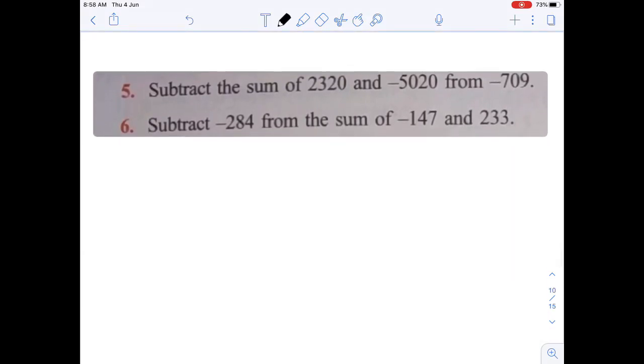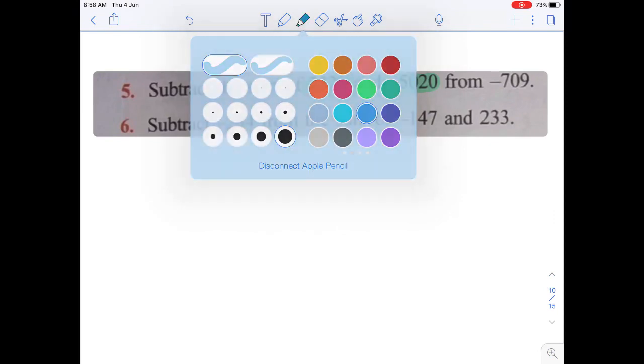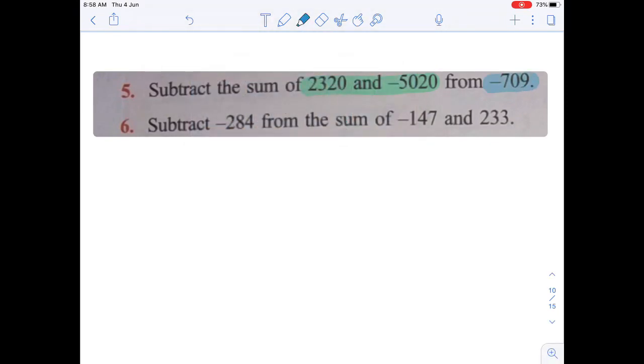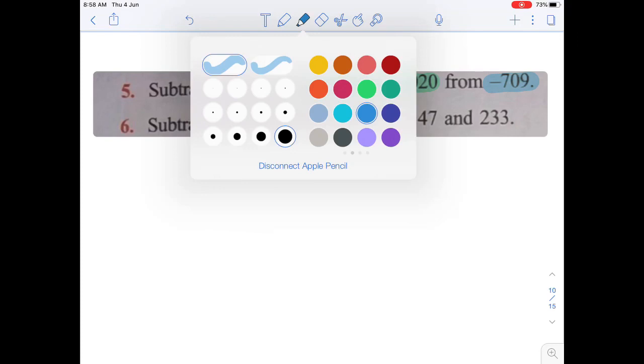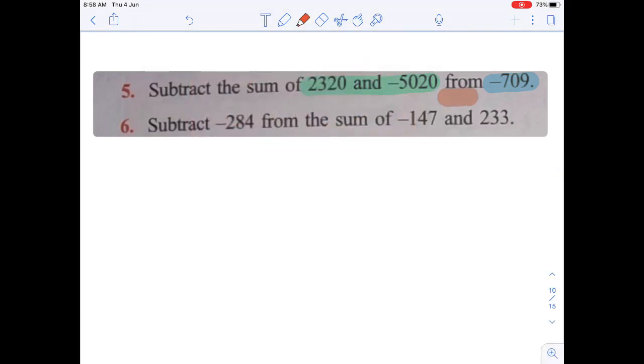Now here it is given: subtract the sum of 2320 and minus 5020. These two numbers, their sum. We have to subtract it from minus 709, and we have learned that the number after 'from' we write first.